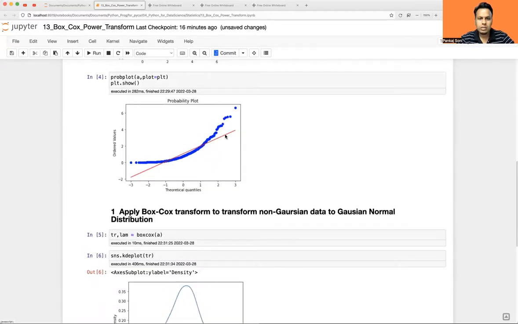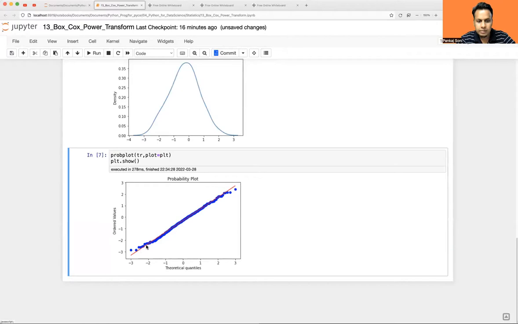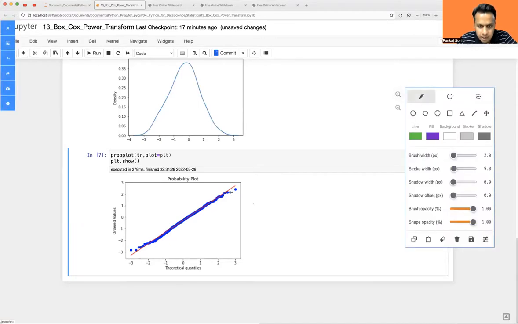Earlier it was not at all a Gaussian normal distribution. After that, you see here, it is very much like it, almost except 99. You see this part, this is nothing but your 99th percentile, because this is the last value. In this we have the percentile from 0 to 100, or maybe 1 to 100 you can say.